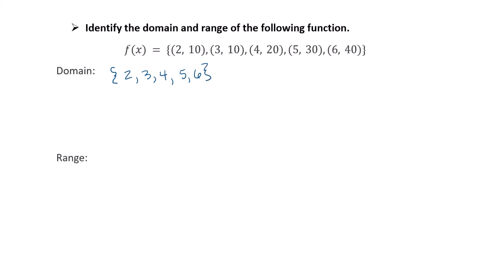No matter what order those numbers are in, you'll want to make sure that you put your numbers in numeric order, smallest to greatest. The range is the set of all of the y's. So we have 10. It occurs twice, but we only need to list it once since it's a unique element. 10, 20, 30, 40.